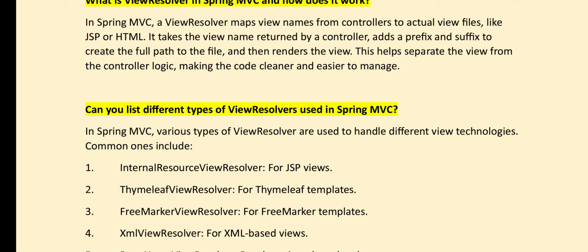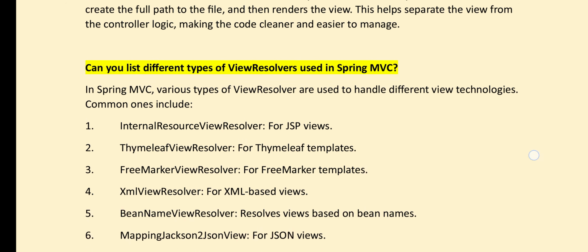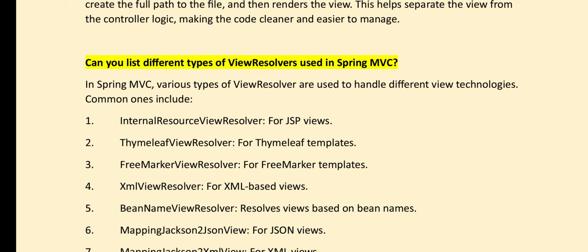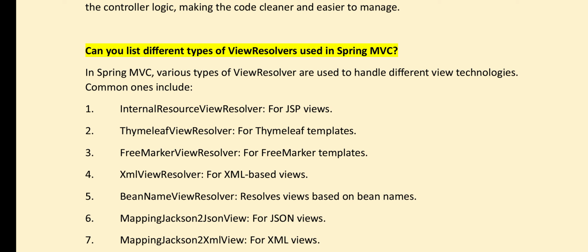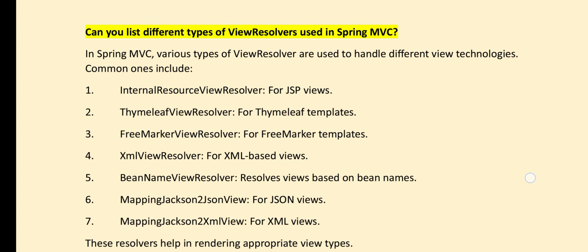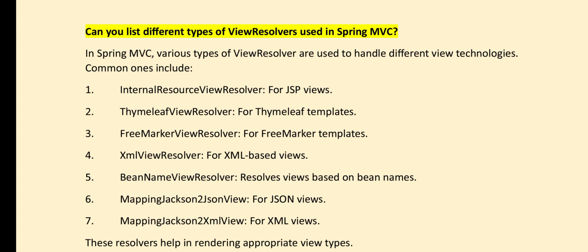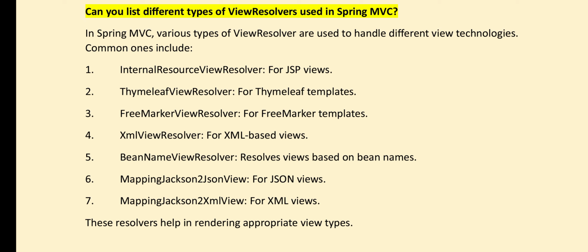Common ones include InternalResourceViewResolver for JSP views, ThymeleafViewResolver for Thymeleaf templates, FreeMarkerViewResolver for FreeMarker templates, XmlViewResolver for XML based views, BeanNameViewResolver which resolves views based on the bean names, MappingJackson JSON View for JSON views, and MappingJackson XML View for XML views. These resolvers help in rendering appropriate view types.